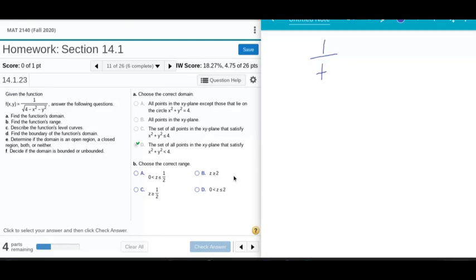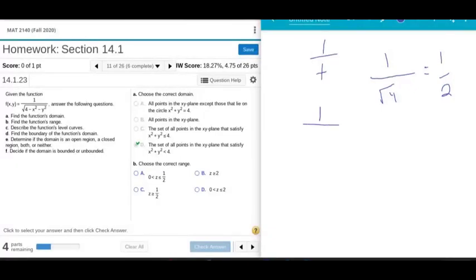So let's see if we can narrow down the fact that all we said so far was it was positive. Think about if you plug in 0 for x and y, you're going to get the square root of 4 minus 0 minus 0, which is 2, so 1/2. Now if I plug in something positive or negative, I'm just going to end up subtracting that from 4.